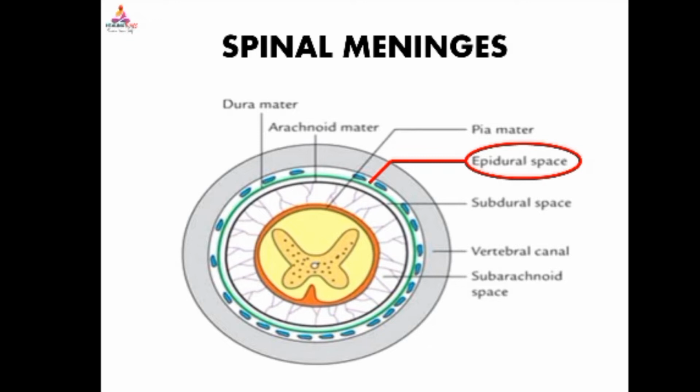This space contains loose areolar tissue, semi-liquid fat, and internal vertebral venous plexus. The space between dura and arachnoid is termed subdural space. It contains a capillary layer of fluid.